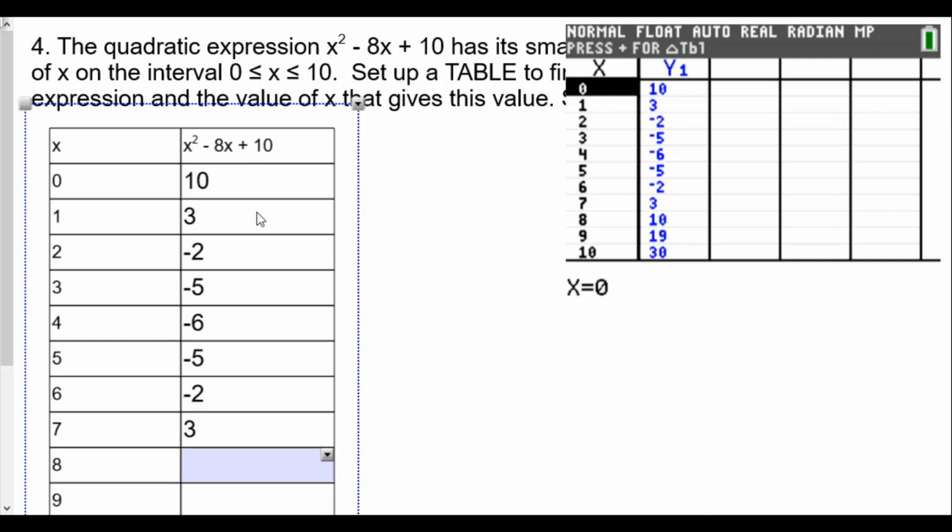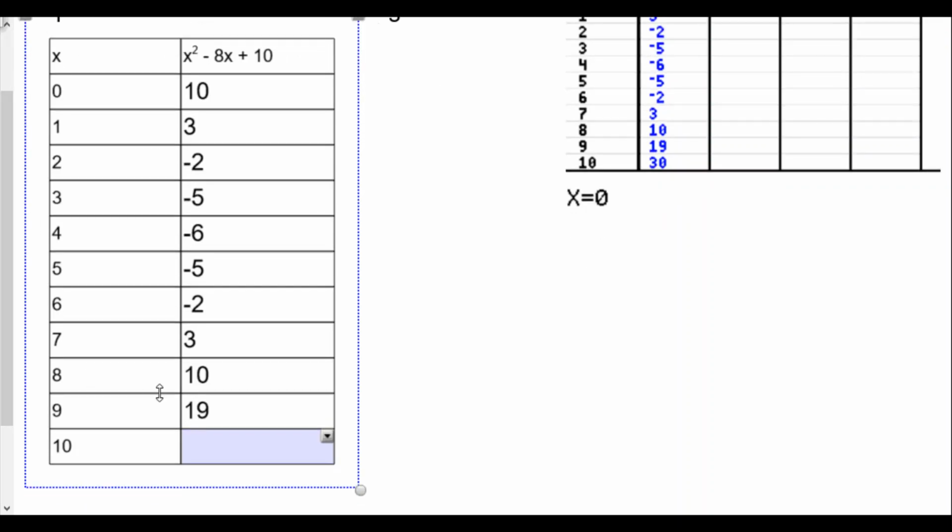This will be 10. When x equals 8, the expression equals 10. When x equals 9, the expression is 19. And for the last one, I'll have to scroll down just a little bit, and we've got 30.